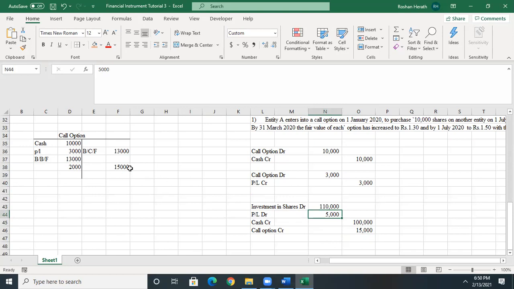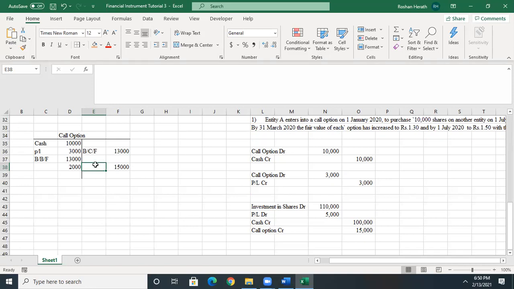But even if you feel like doing that remeasurement, no harm, you can still do that. But the impact is the same. Since the impact is the same, I did not bother about the remeasurement at the point of disposal.